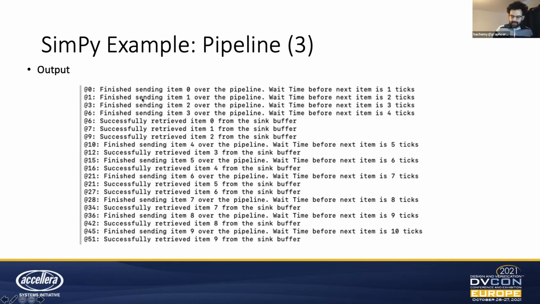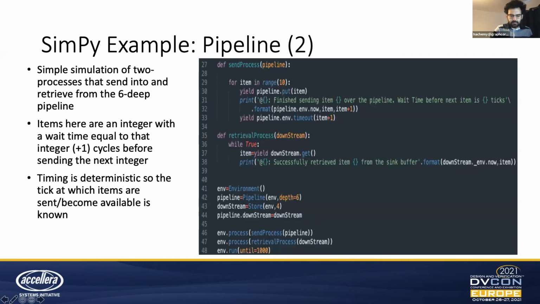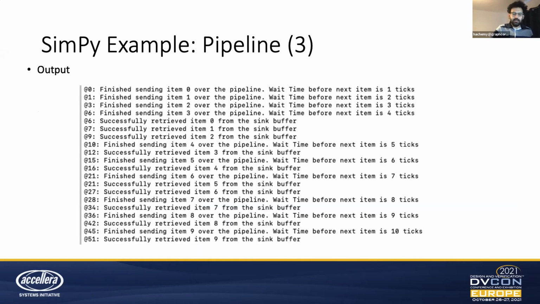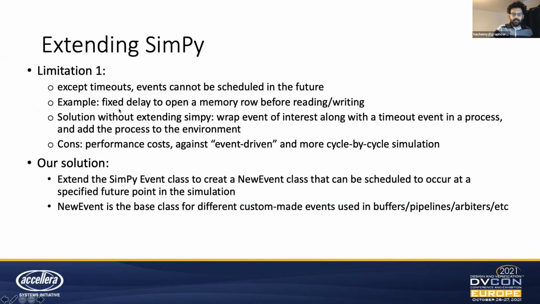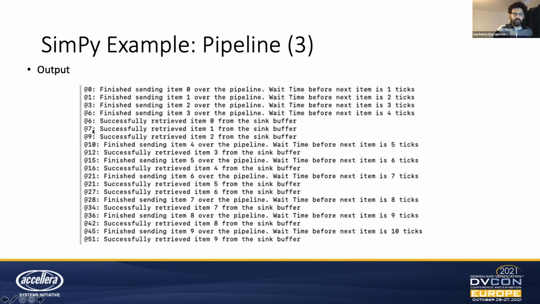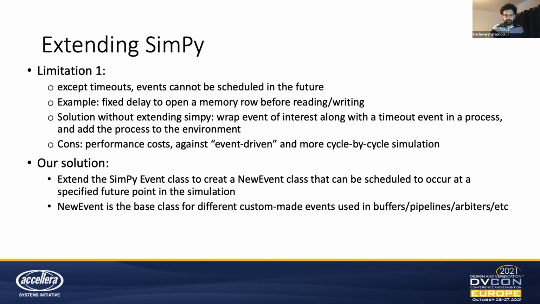And by the way, in this case, the depth of the pipeline is 6, so you can expect 6 ticks between the start of sending and the retrieval, which is exactly what's happening here. You can see that this is where you send the first integer, and this is when you receive it at 6, and then the second one as well at 1 and 7, and so on.